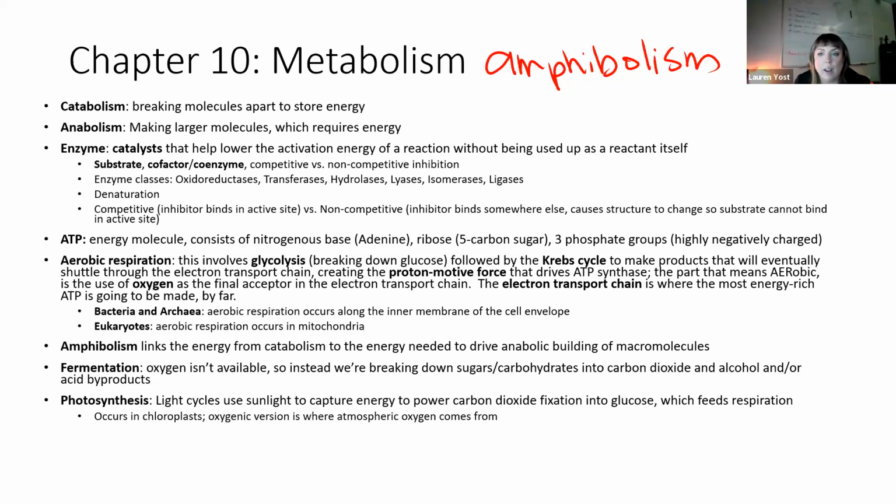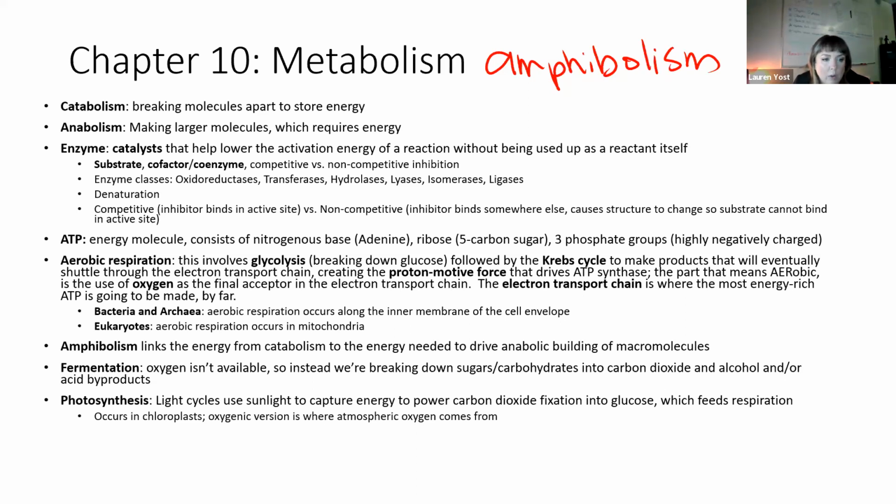Fermentation is not going to create anywhere near as much ATP. They're going to be using the organic molecule intermediates as a means to be a final electron acceptor, so we can keep going back through glycolysis. And that creates the formation of alcohol and or acids as byproducts. So it just depends. So that's fermentation.